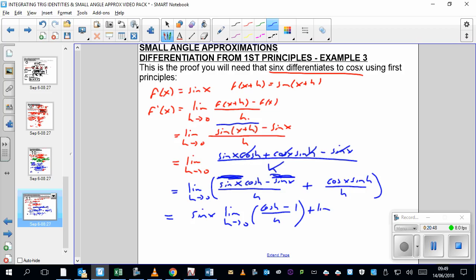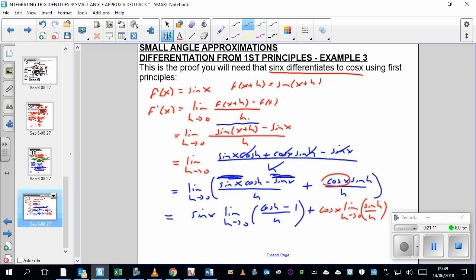Plus the limit, because now we're taking the two limits separately. And again, that cos x can go on the outside. There's a cos x here, which has nothing to do with h. So cos x, limit, h tends to 0, of sine h over h. Now we know h is small in this situation.